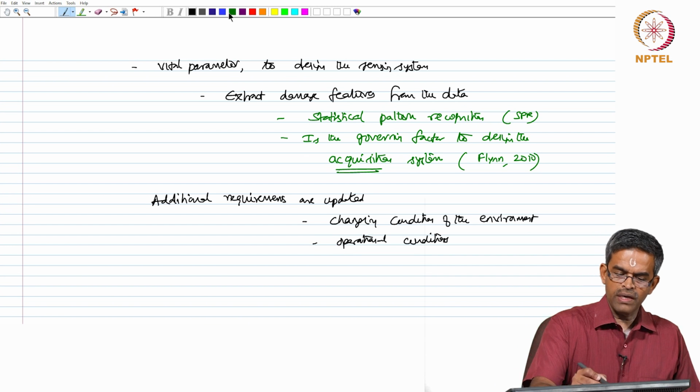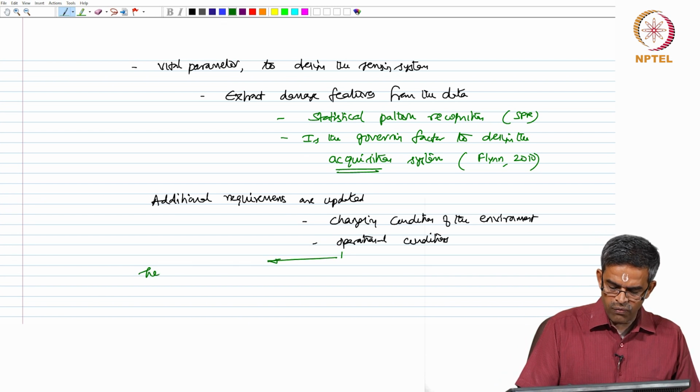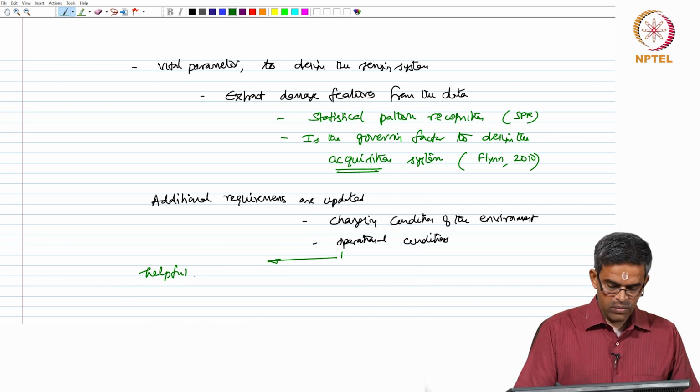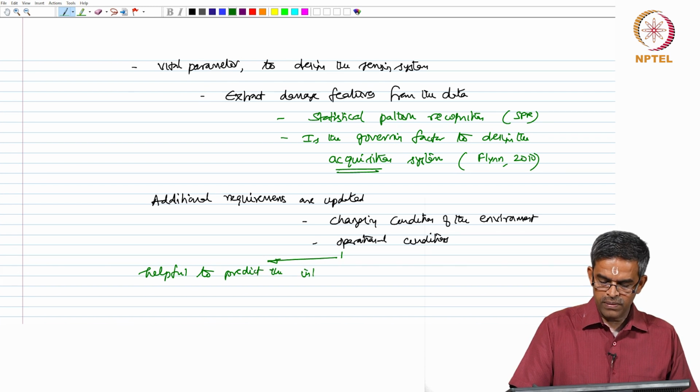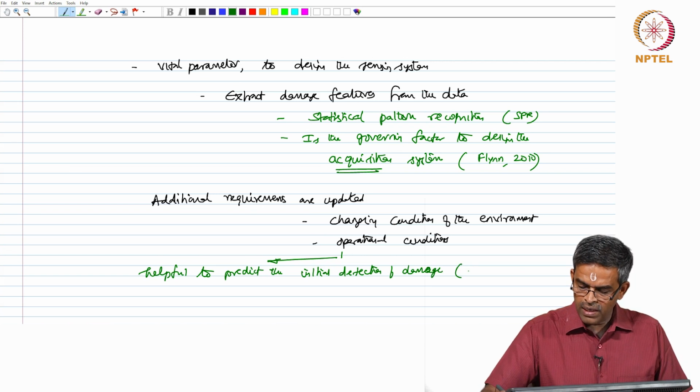Now, the operational conditions are helpful to predict the initial detection of damage, which can be done by numerical simulations.